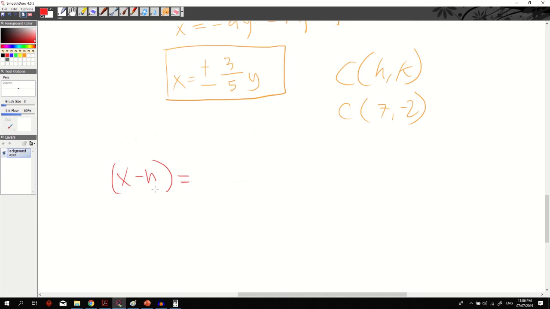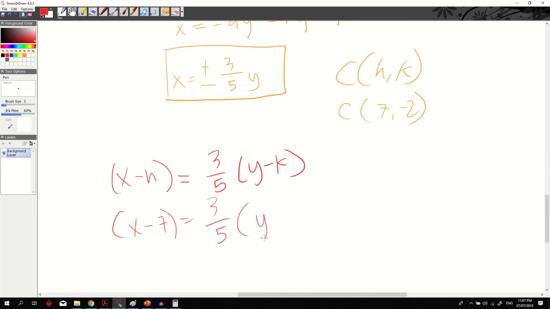So we have here x minus h, and y minus k. So x should have h, which is 7, equals 3 over 5 times y minus, what is k? Negative 2.